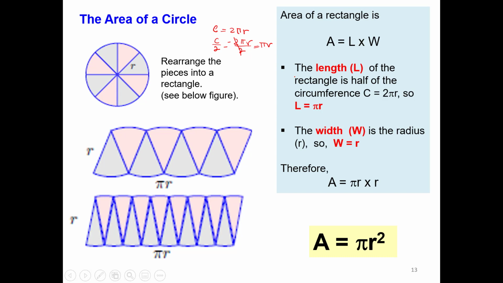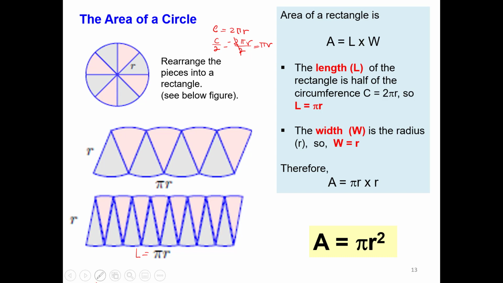Now we know the length of the rectangle is half of the circumference. The circumference is 2 pi r, so half of the circumference will be pi r. The length will be pi times r, and the width will be the radius.